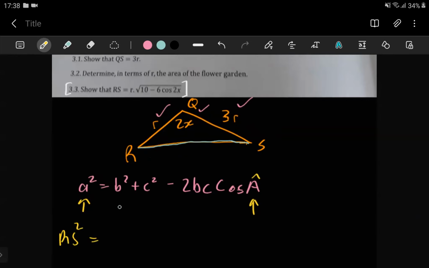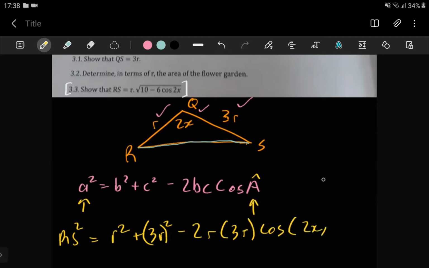What is b now? b is r, c is 3r, right? And then 2 times r here, and then 3r over there, and then cos of angle a is like 2x, like that.